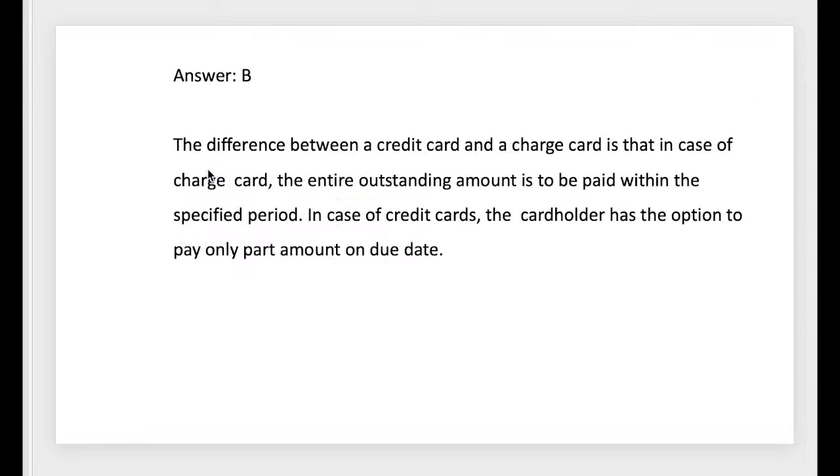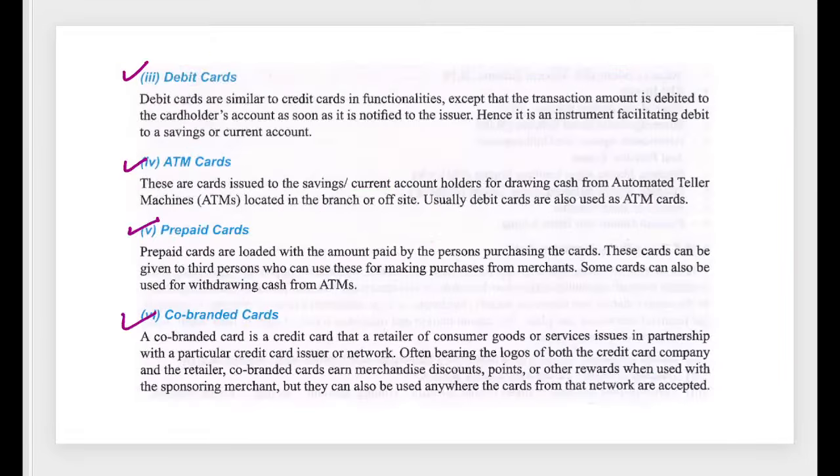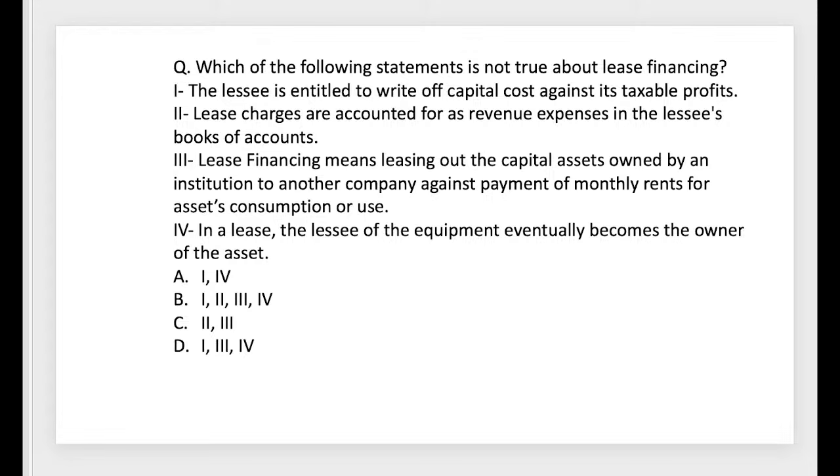So option B will be the right answer for this particular one. Apart from this, we have debit cards, ATM cards, prepaid cards and co-branded cards. These are the different areas which generally come under this particular one. Very good, guys. Next one.